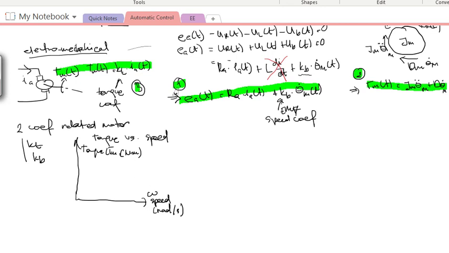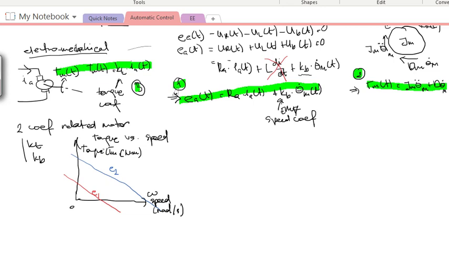Depending on your supply voltage Ea, you have multiple lines that go across this graph. For example, if you supply the motor with a voltage of E1, you have one line like this, and if you supply it with E2, you have another line. So if you have E2, you could have all these pairs of torque and speed, right?